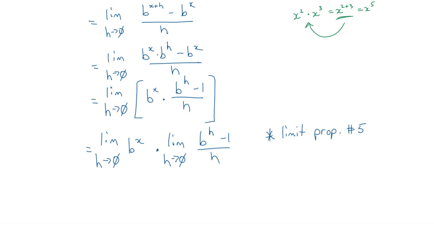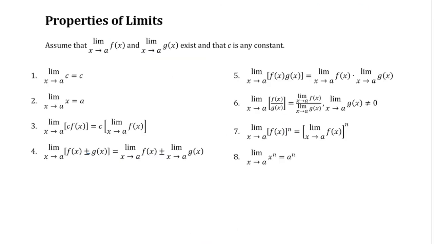So x would be changing because as the function value changes, or the location of the function changes. But when we're doing this limit, it says h is changing. So b to the x is a constant in terms of h. So I could have actually used limit property number 3 as long as we understand that b to the x is constant in terms of h.